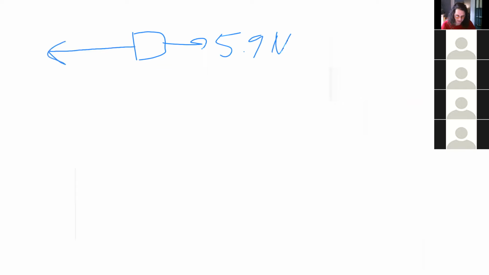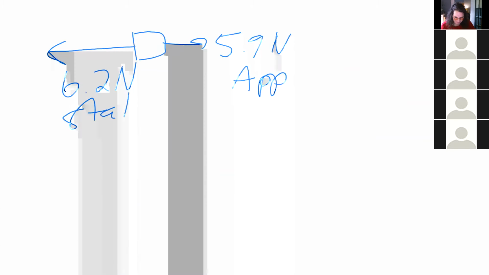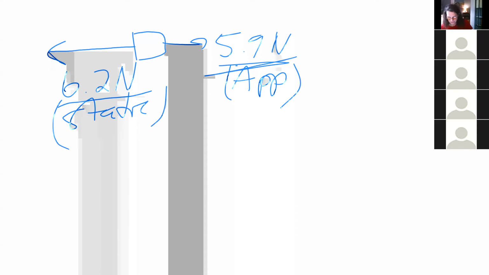It's opposed by a maximum of 6.2 newtons. This is my applied, and this is my static friction. If all I have is 5.9 newtons to pull the block, that's not going to be enough to overcome the maximum static friction. So that's what tells us that we are in the kinetic regime.